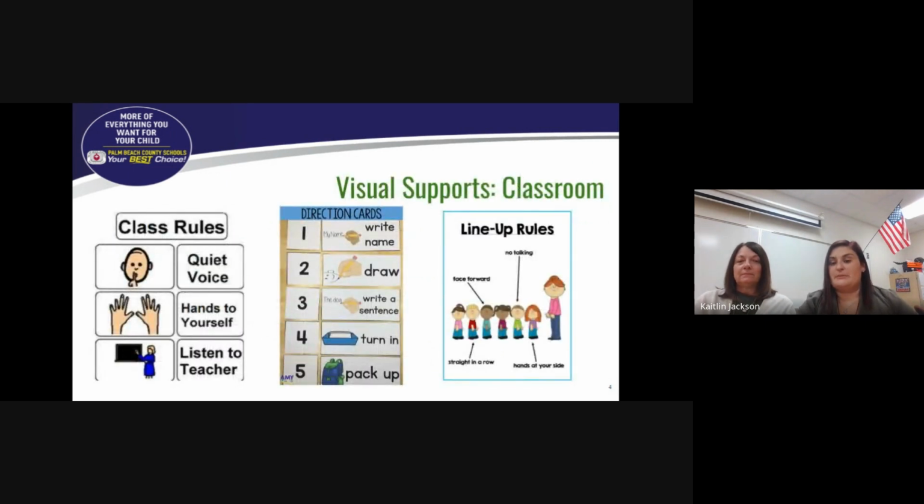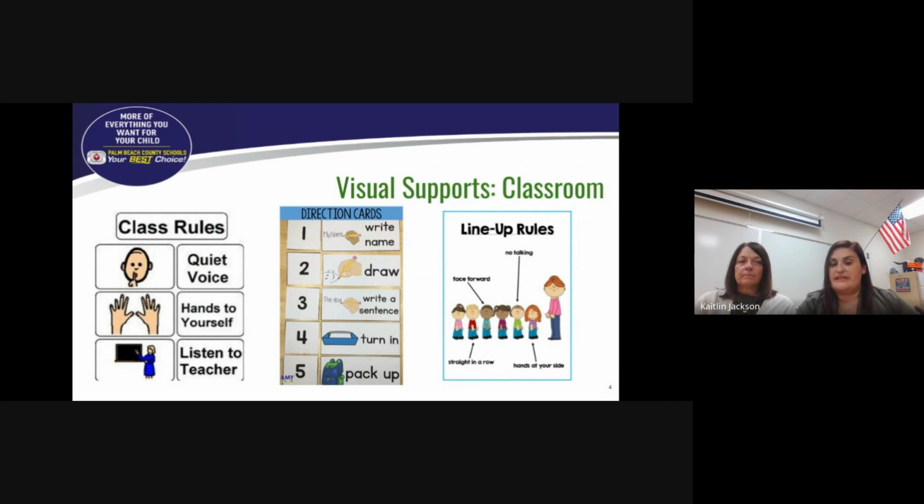These are some examples of visual supports that you might see or might want to use in your classrooms. The first one says class roles, and it has a visual support picture and also the words. This is helpful if you have a class of students that can read words, but also beginning readers that would need the picture to support them.